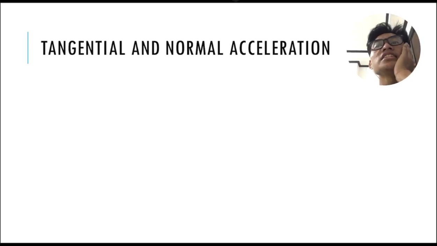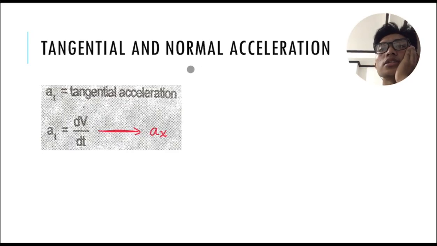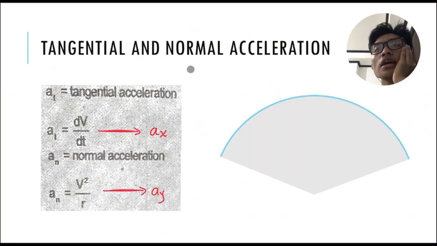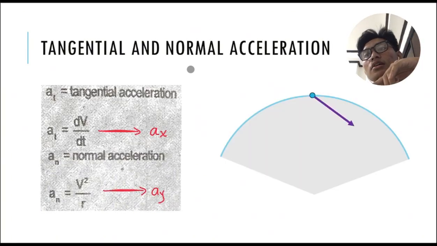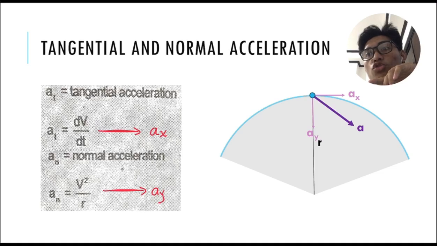Okay. Tangential and normal acceleration. So, ito po yun. Ngayon, kunwari meron tayo isang curve. Let's just say this is the acceleration. Siyempre, itong acceleration na to, meron siya with respect to x and with respect to y. Yung acceleration due to y ay meron tayong radius that is parallel to radius.